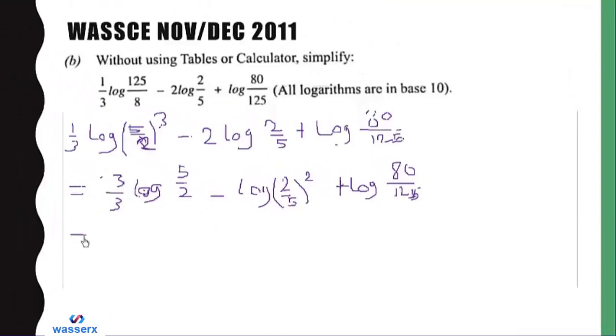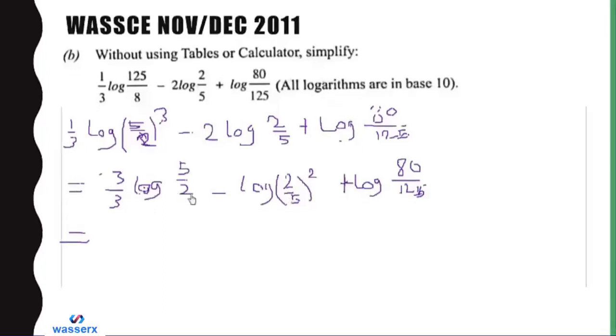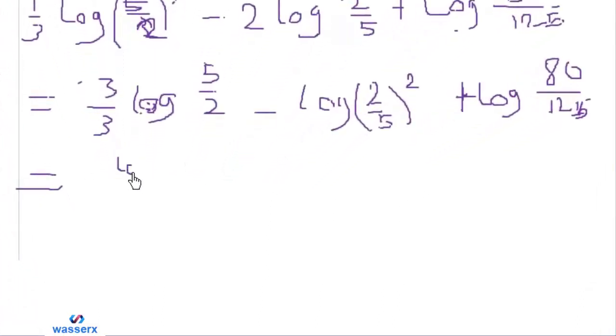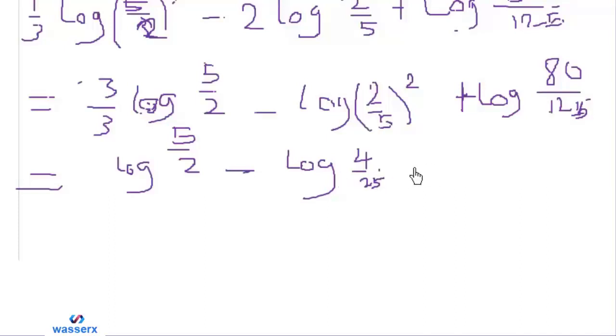Now this will give us 1 times log 5 over 2, then minus log 2 squared is 4, then 5 squared is 25, then plus log 80 over 125.